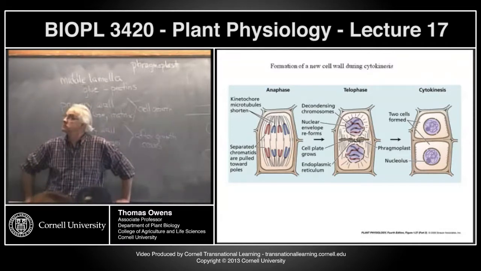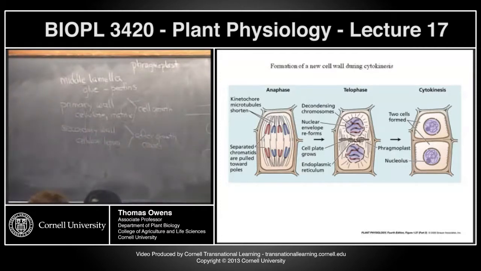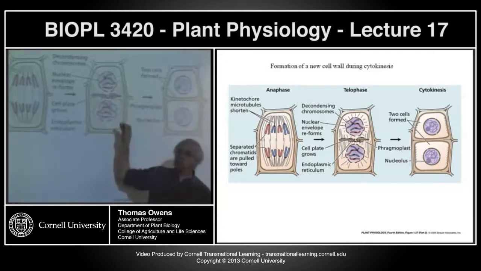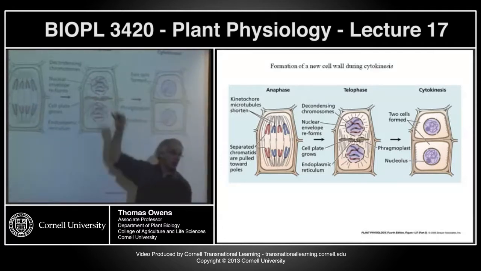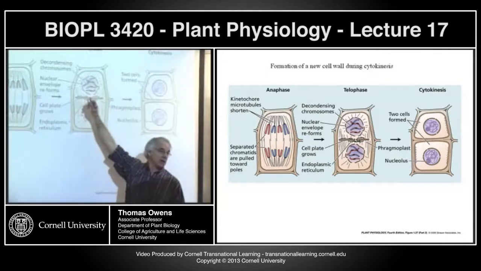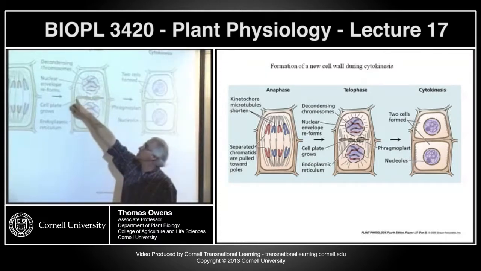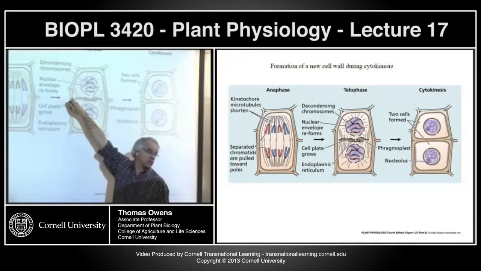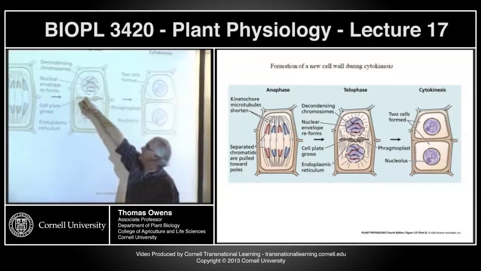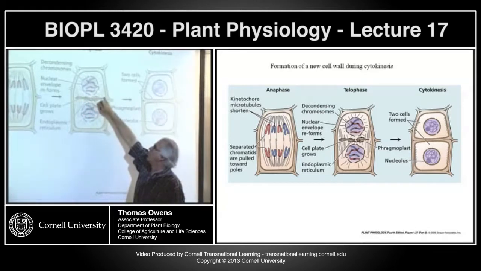I'm just trying to figure out how this happens. Okay, so here's some vesicles that are derived from the Golgi that are coming up here, and they fuse together, right? So as they fuse together, they form larger and larger vesicles. Once this vesicle fuses with the plasma membrane, then you've got plasma membrane continuous to the vesicle all the way over, fuses on the other side.